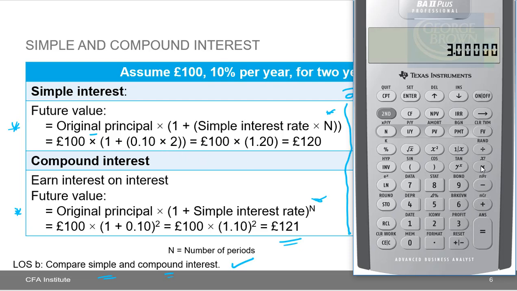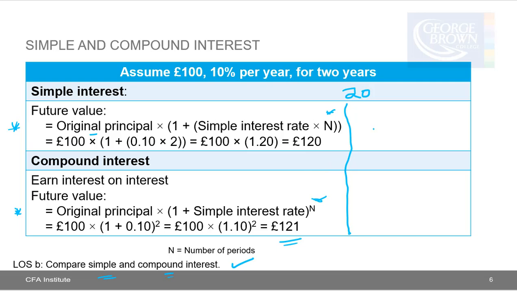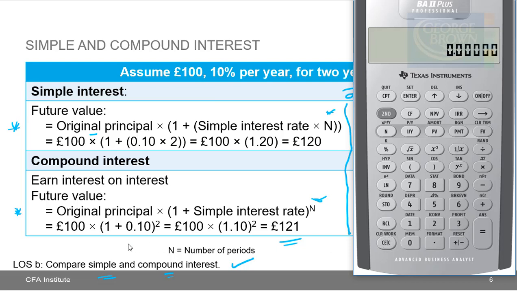Then we multiply that by our £100 that we started with, our original principal. So you can see at the end of 20 years, earning 10% per year on simple interest, we would have £300 at the end of 20 years, okay? Now, if we bring up the calculator and do the compounding interest, we'll start within the bracket.